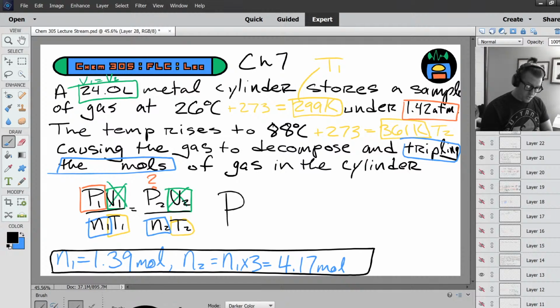Our final answer for our final pressure is, let's see, rounded to 3 sig figs, 5.14 atmospheres.